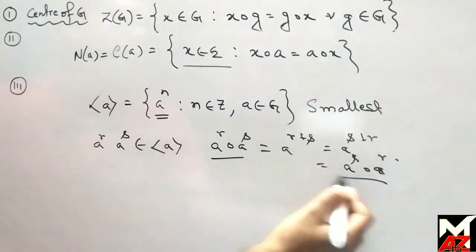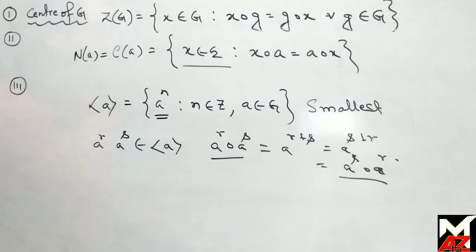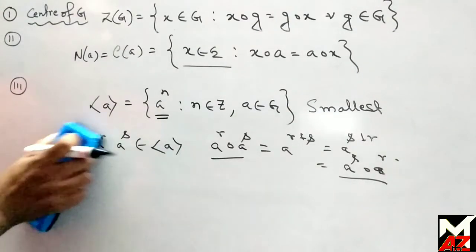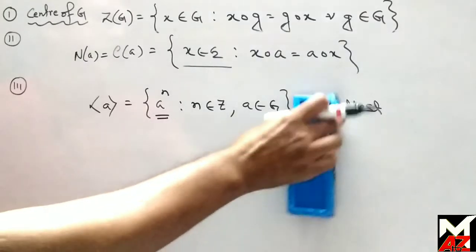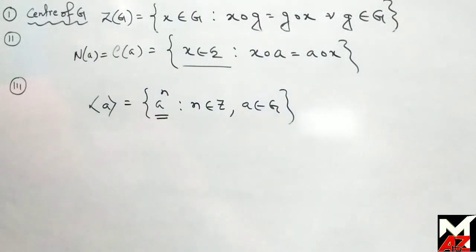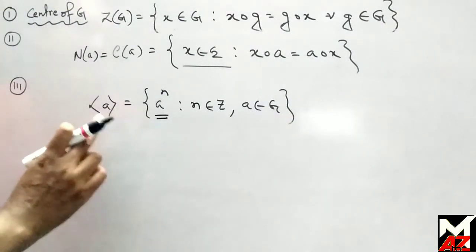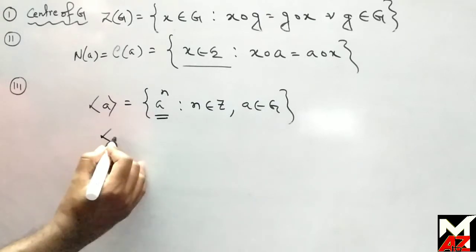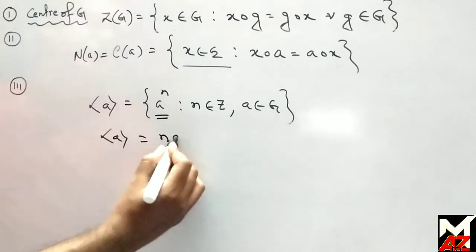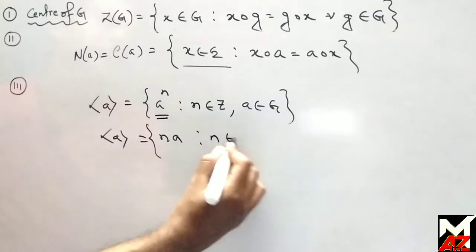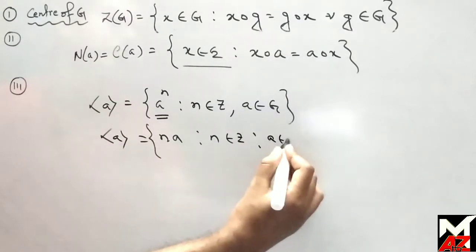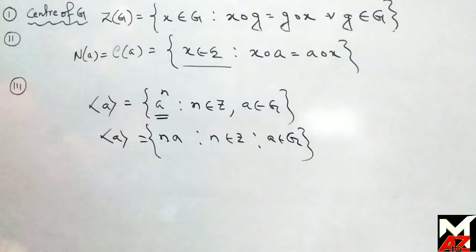So this is commutative, right? So this subgroup is always commutative. And if we take the operation as addition, then this type of subgroup can be defined as nA, such that n belongs to Z and A belongs to G.